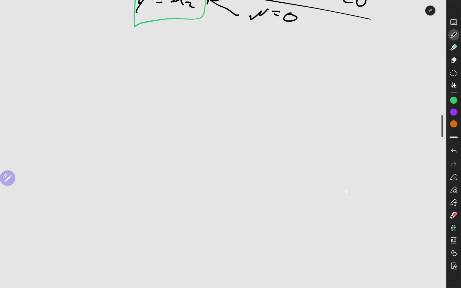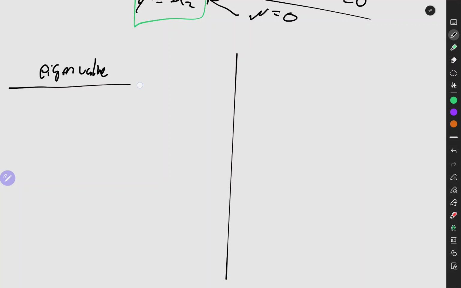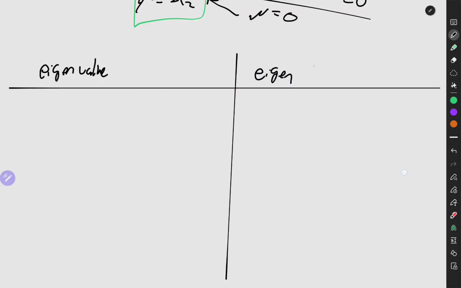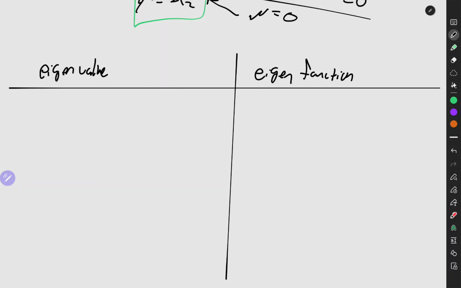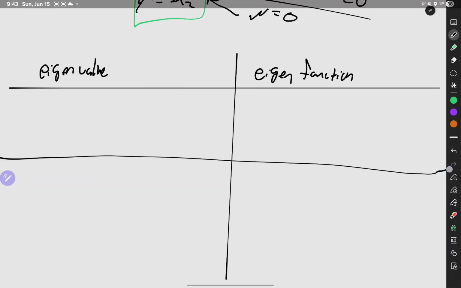So if we go down to here now, I'm going to make a nice little chart because we have more than one. It doesn't need to be that big. Okay.